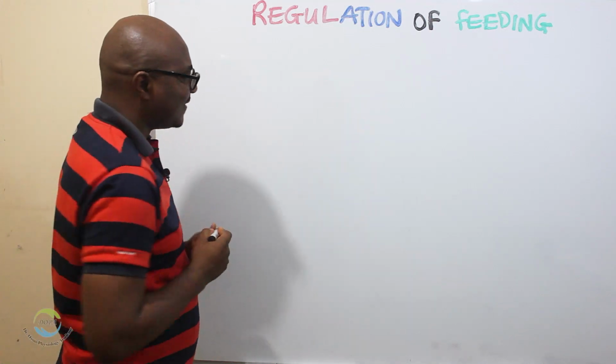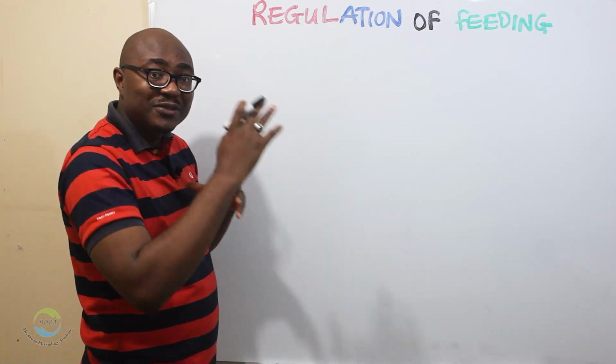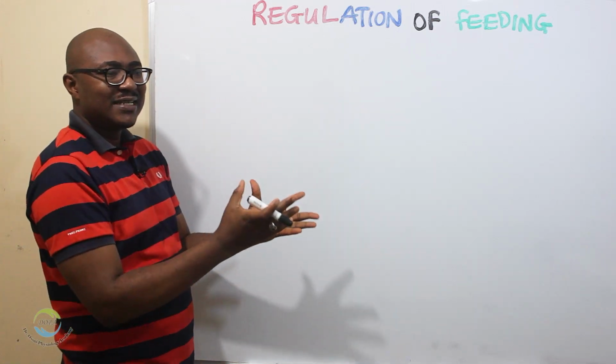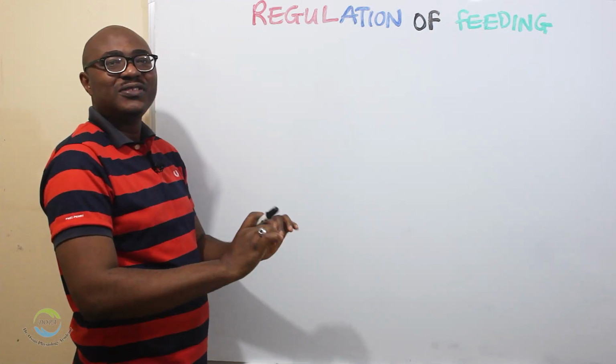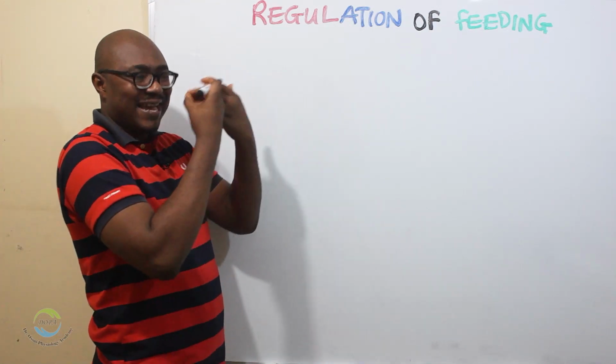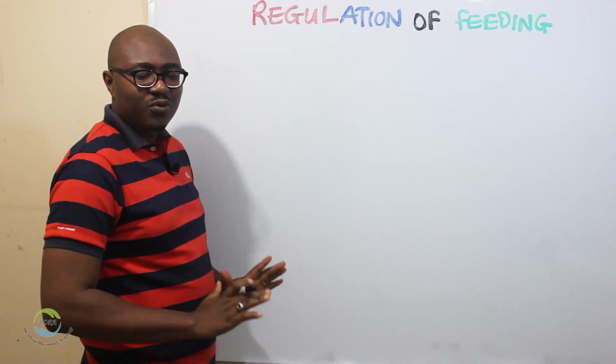Now the difference is that all the regulations we've been talking about have to do with how the body handles food that has already entered into the GIT. You have taken food, quite all right.